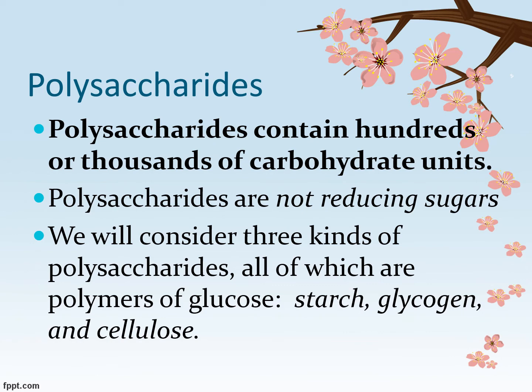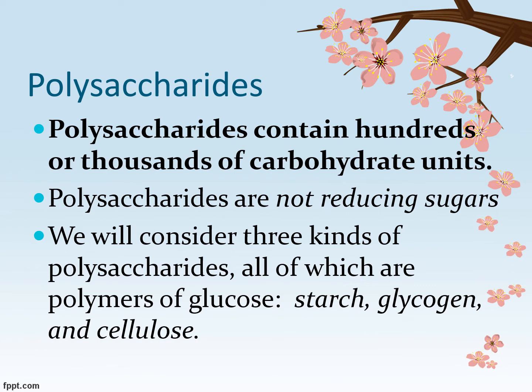Okay, the last class of carbohydrate is polysaccharide, which contains 100 and up to 1000 carbohydrate units, and they are not reducing sugars. We will focus on three important examples of polysaccharides, which are polymers of glucose.